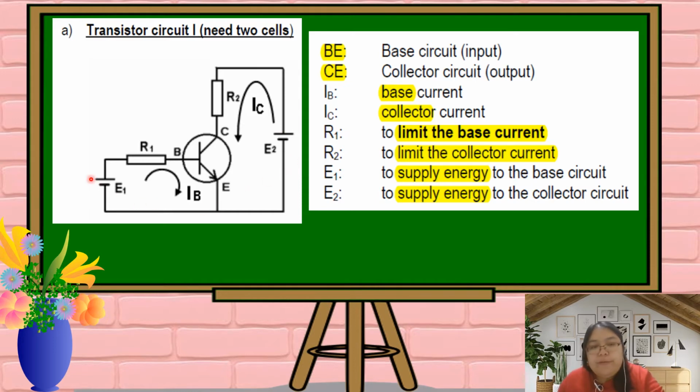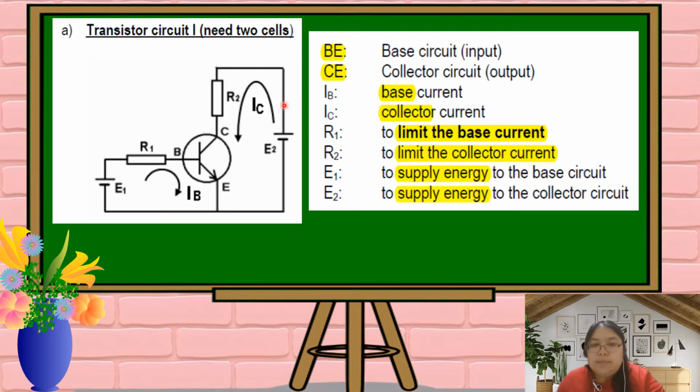The current from E1 starts to flow to R1, goes to B, then goes to E and comes back. This we call the base current. The base current is not related to the collector part. It's independent. Now we go to the collector part.